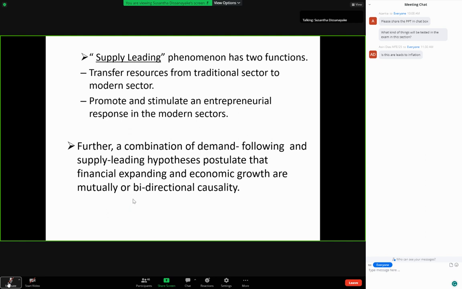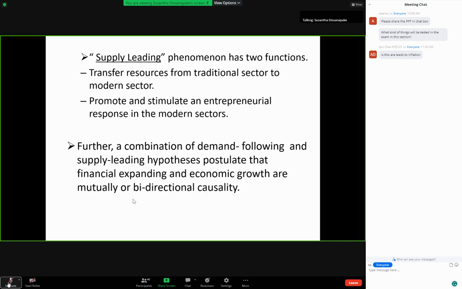Earlier we talked about unidirection. That means economic growth to financial institution development, unidirection. First one, financial institution development to economic growth, unidirection, one side. Then they talk about both things happening together simultaneously: economic growth to financial development, financial development to economic growth, bidirection.